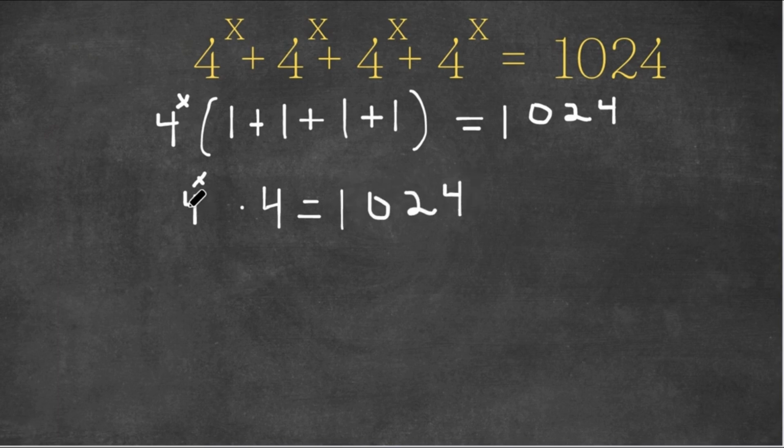Now, if you notice, these two have the same bases. And whenever I'm multiplying exponents, let's say we have a to the power of m times a to the power of n, this is equal to a to the power of m plus n.